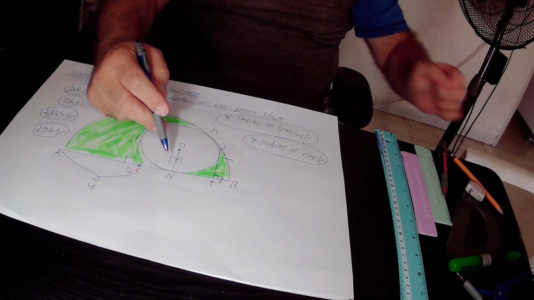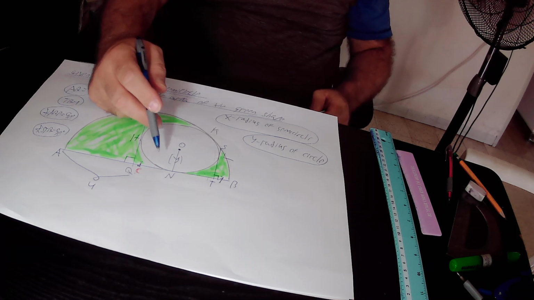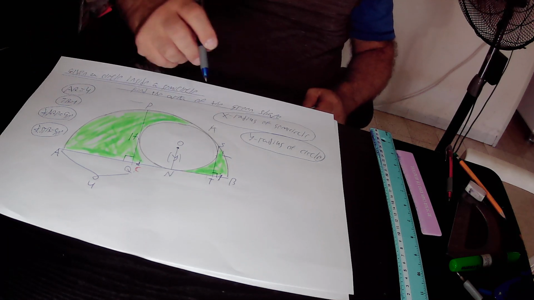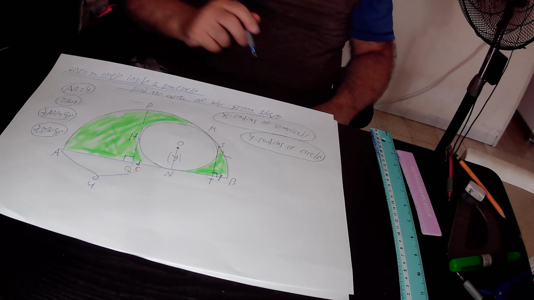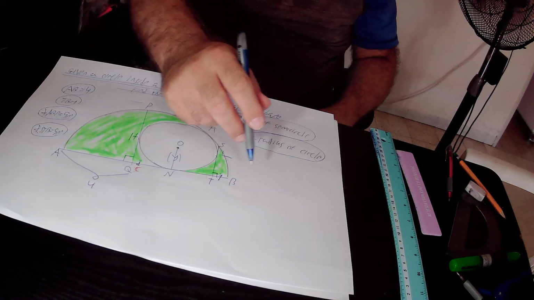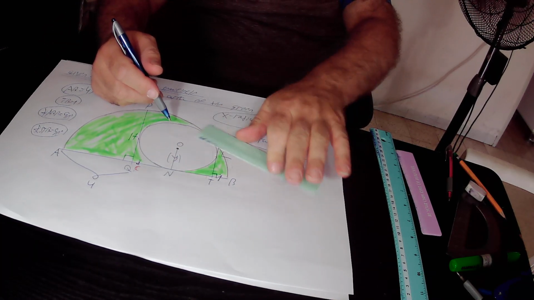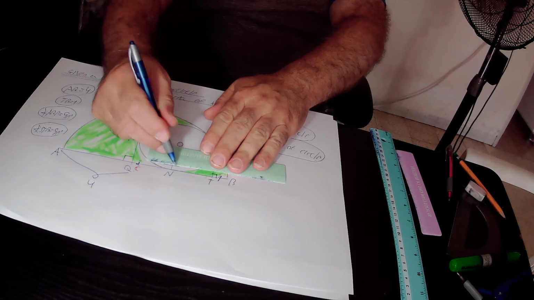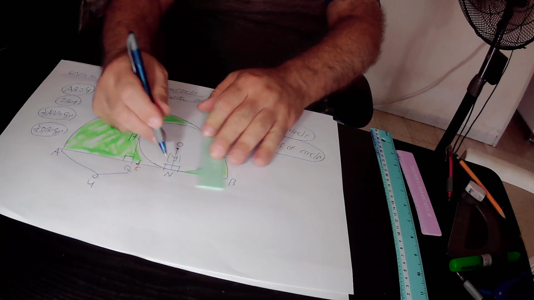The radius ON is drawn to point N, that is the point of tangency of tangent AB with this small circle. And whenever you have a radius that is drawn to the point of tangency, then tangent AB will be perpendicular to the radius NO. If AB is perpendicular to NO, it means that this angle equals 90 degrees, and this angle also equals 90 degrees according to rule 1.